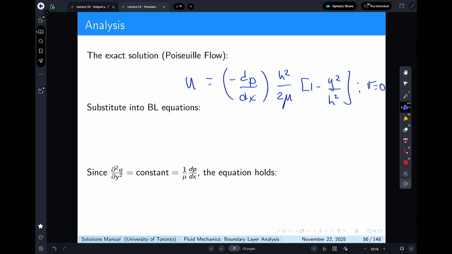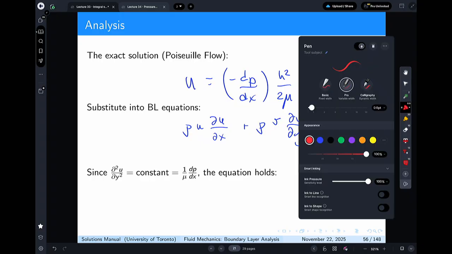and calculate the exact solution, which is for a Poiseuille flow, you get dP/dx times h squared over 2 mu, times 1 minus y squared over h squared. And if you substitute that into your equation, you end up with a couple terms that sort of disappear.